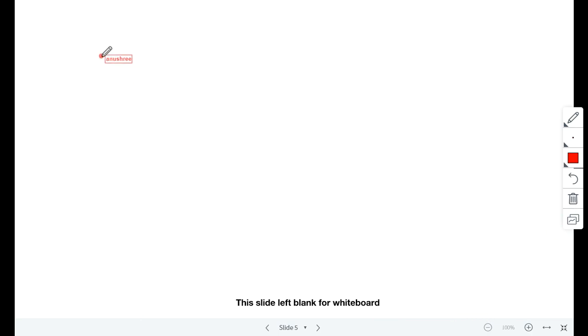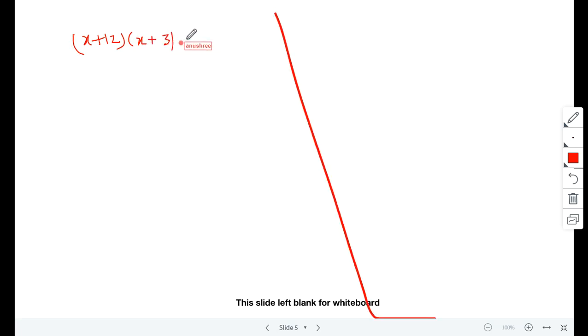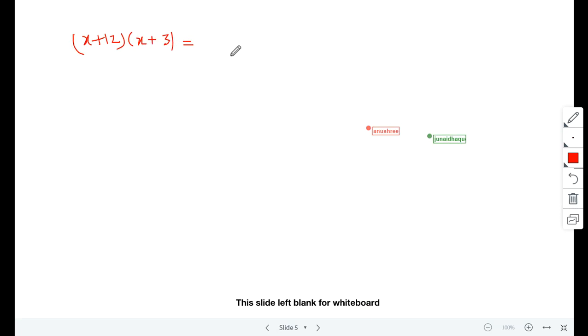It was x plus 12 times x plus 3 equals 84 plus a. A was the original area, which was x multiplied by x plus 9, right? Now, when you multiply, the first term gets multiplied with the first term, it's x squared.